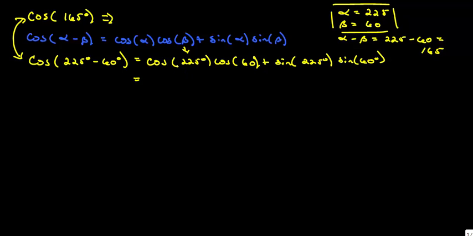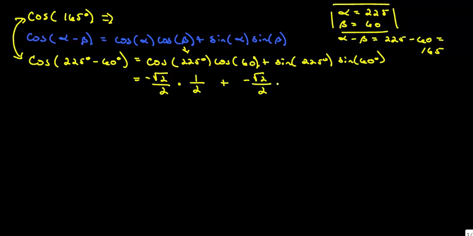The cosine at 225 is equal to negative square root of 2 over 2. The cosine at 60 degrees is equal to 1/2. The sine at 225 is equal to negative root 2 over 2.